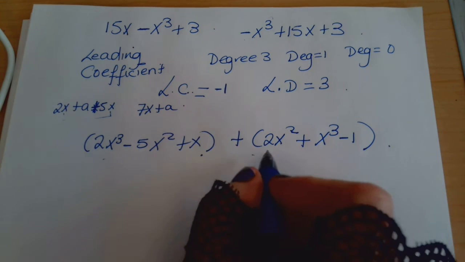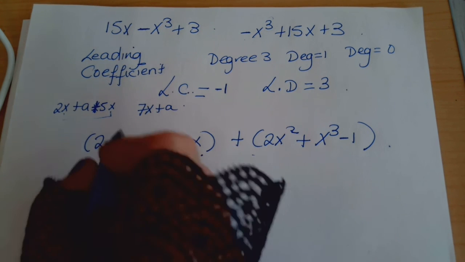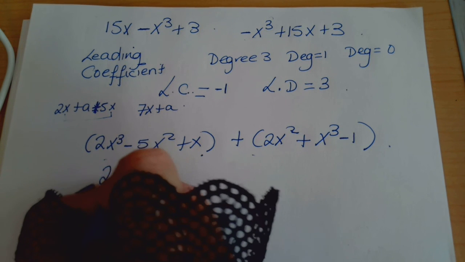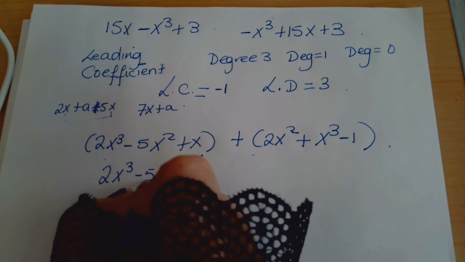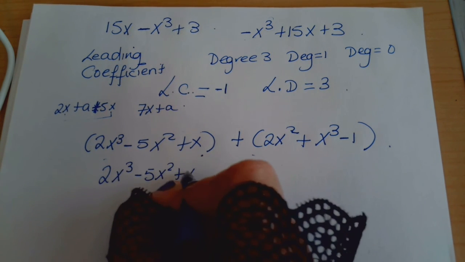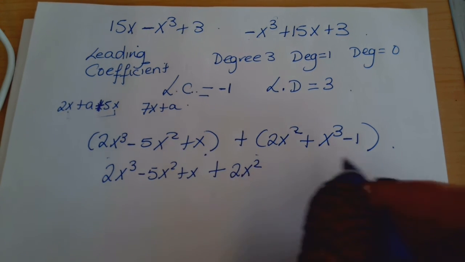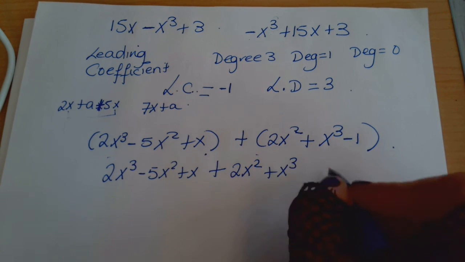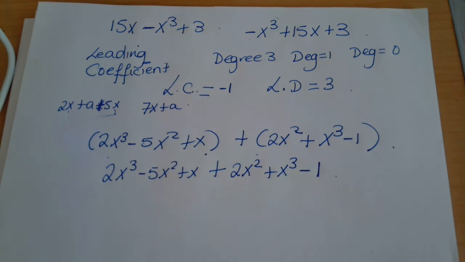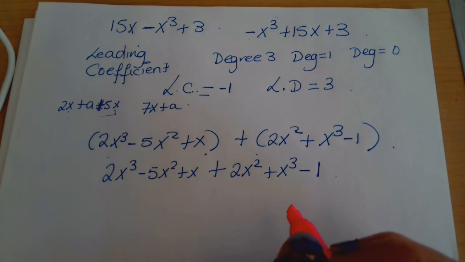So what I'm going to do, excuse the bell, is write this 2x cubed minus 5x squared plus x, since it's a plus, put that here, 2x squared plus x cubed minus 1. And then what you can do as you're starting out is you can highlight like terms.